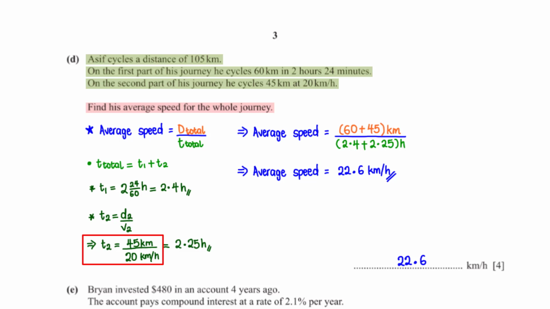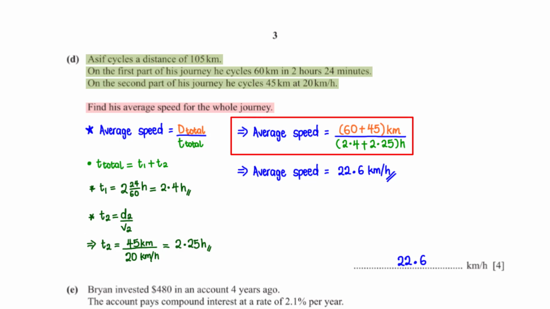When we type this into the calculator, we get 2.25 hours. Hence, the average speed will now be 60 plus 45 kilometers divided by 2.4 plus 2.25 hours. When we type this into the calculator, we get 22.6 kilometers per hour.